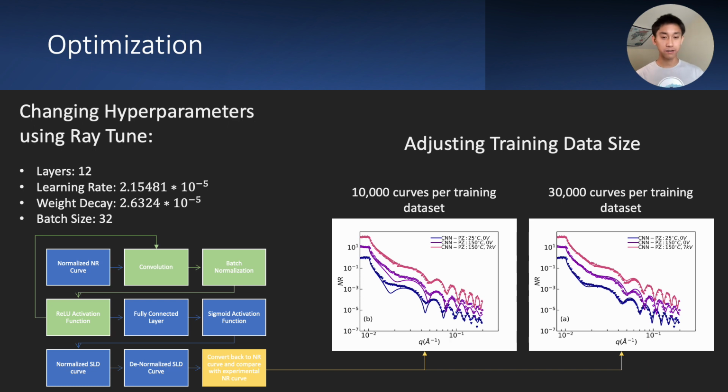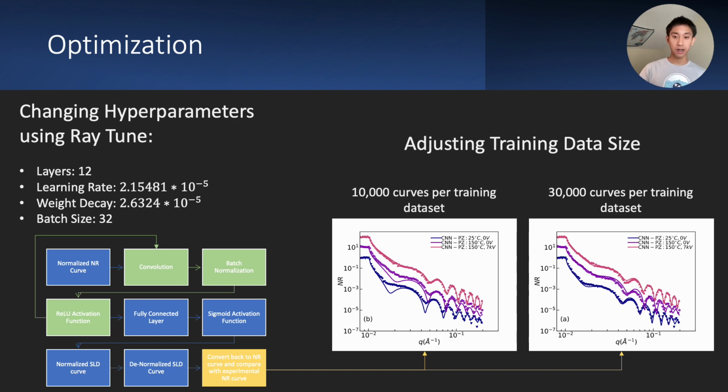The sigmoid activation function would output a normalized SLD curve, and then we would denormalize that to give it physical meaning. But for experimental data sets, since we didn't have the truth SLD curve, we would convert these SLD curves back into neutron reflectivity curves and compare them with the original input.